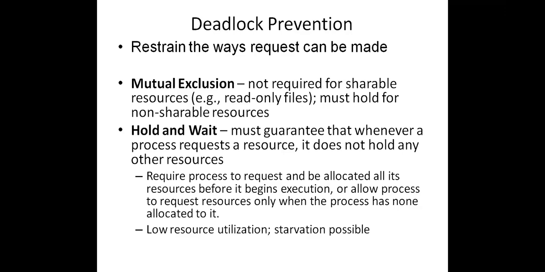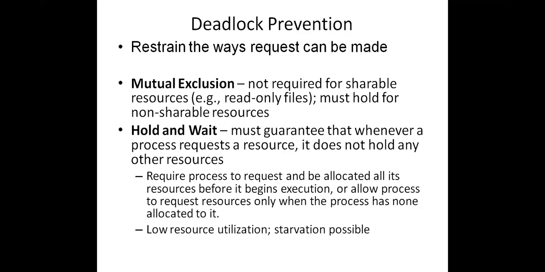So how can we avoid it? Whenever a process requests new resources, we must check whether we are allocating all the resources which are required by the process or not.